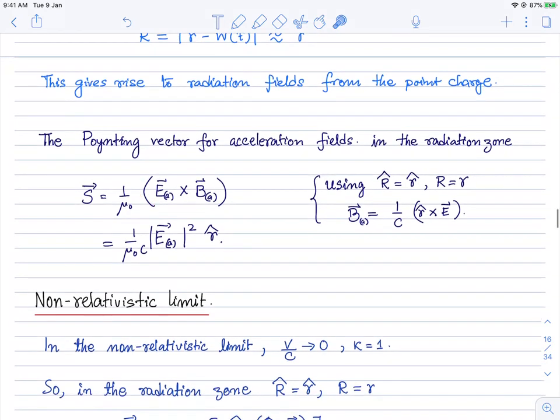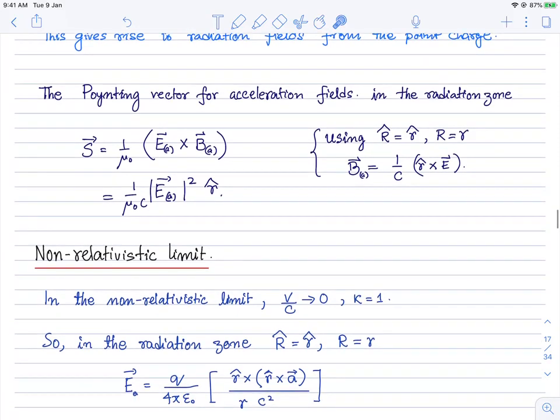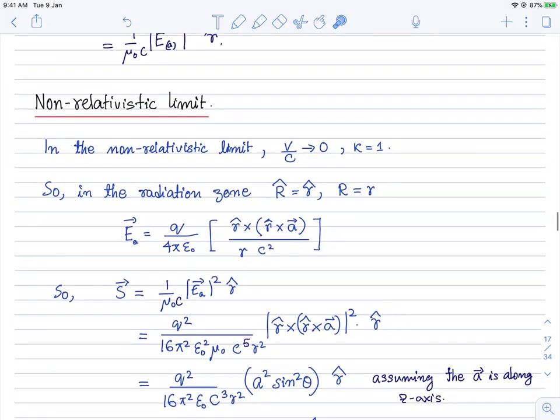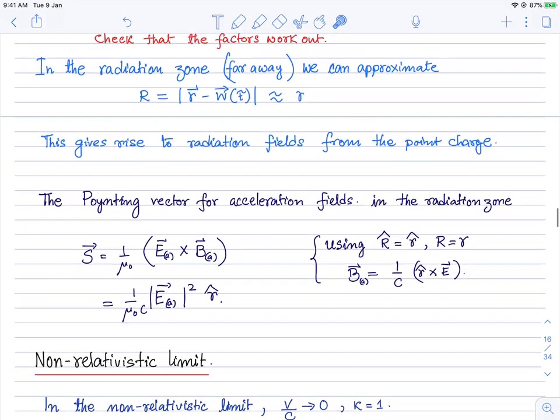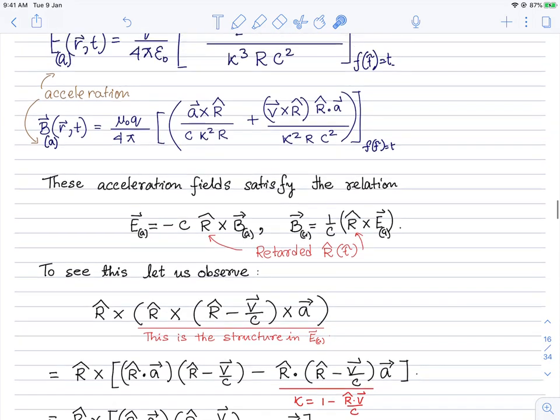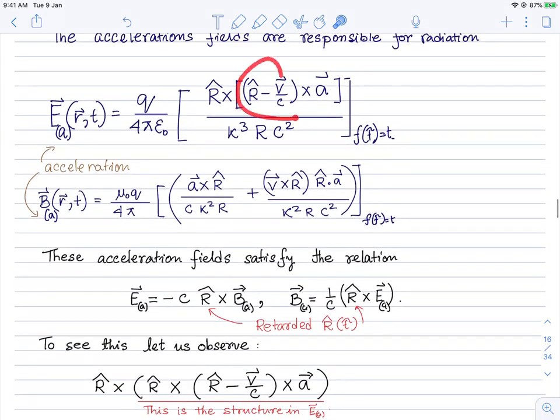Before we do anything else with this, let us focus on the non-relativistic limit, where the velocities are small and tend to 0. Therefore we can approximately take this kappa factor to be equal to 1. Also in the electric field, if you remember the acceleration fields, there's this r minus v by c.